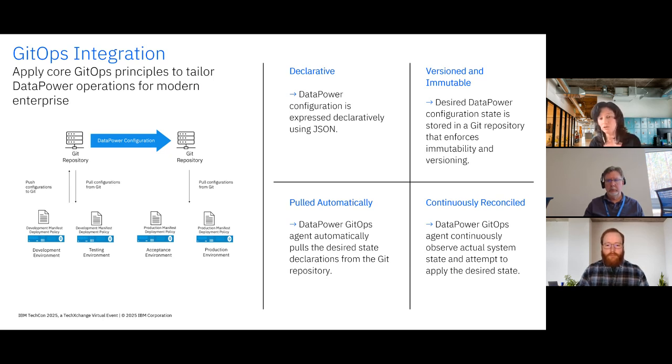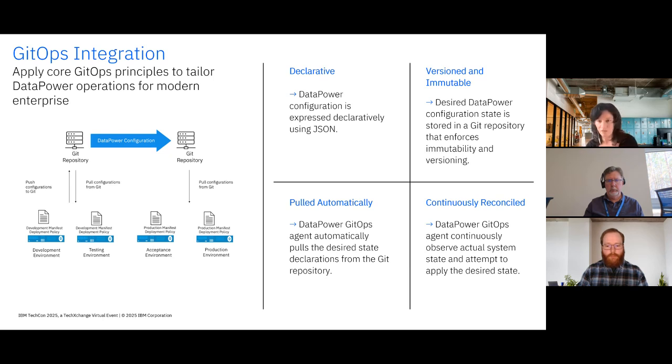And the third thing and the fourth thing are very similar actually. This configuration state should be pulled automatically, or you should be able to pull this configuration and apply it to your DataPower automatically. For that, we now have a GitOps agent embedded in DataPower, which you can interact with your Git repository.